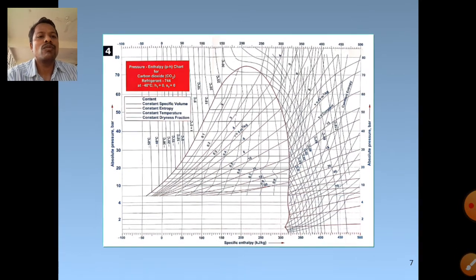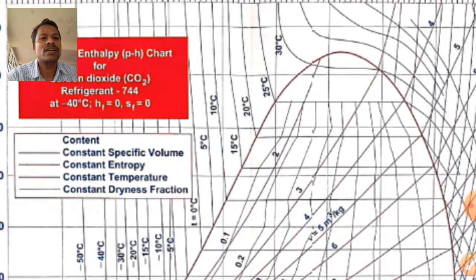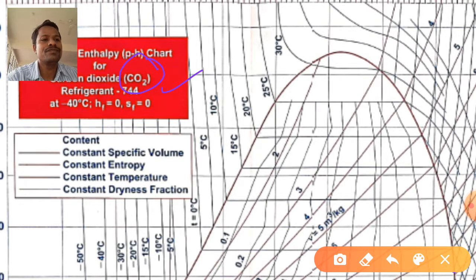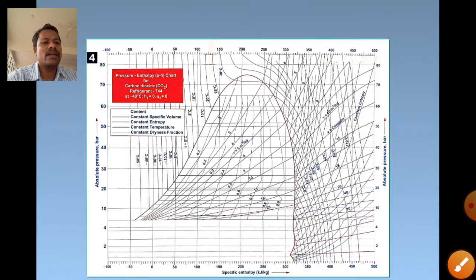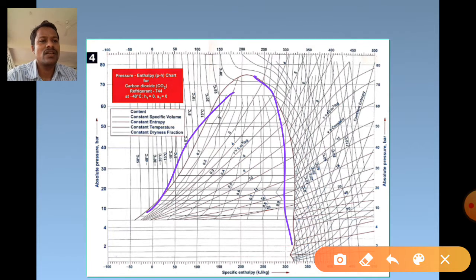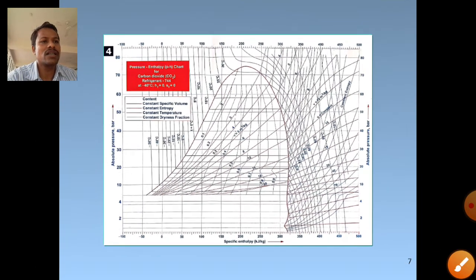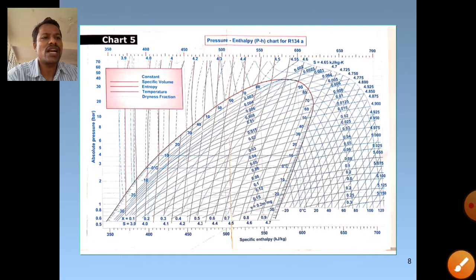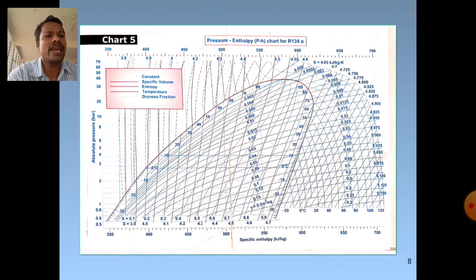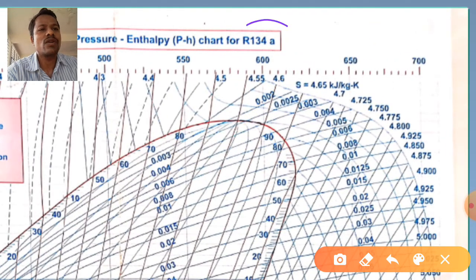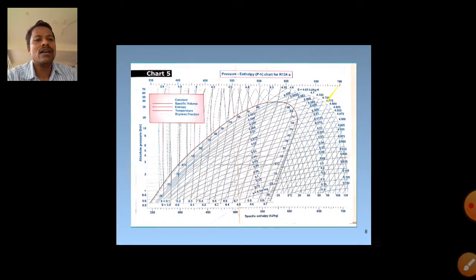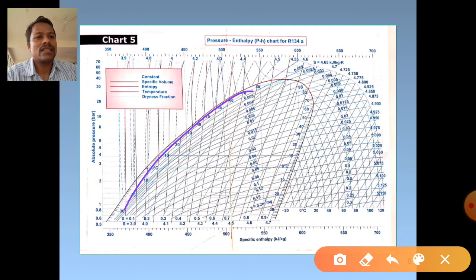Then we have one more chart, for refrigerant 744, or you can say carbon dioxide, CO2, and the explanation remains the same: saturated liquid line, saturated vapor line, constant entropy lines. And again we have the chart for refrigerant R134A, mentioned here, wherein we have the saturated liquid line and the saturated vapor line.